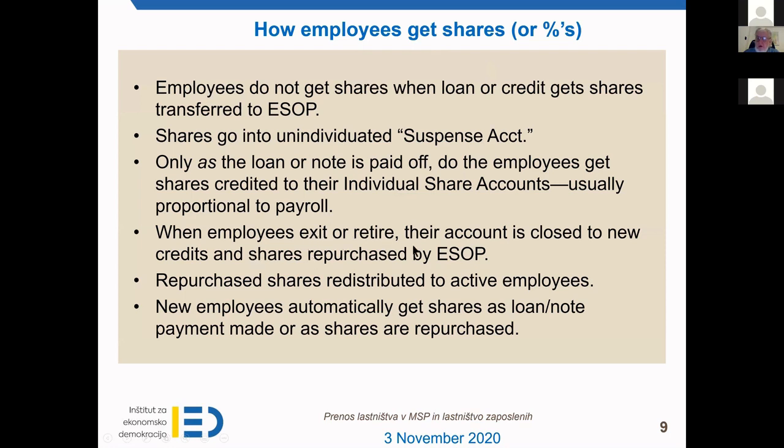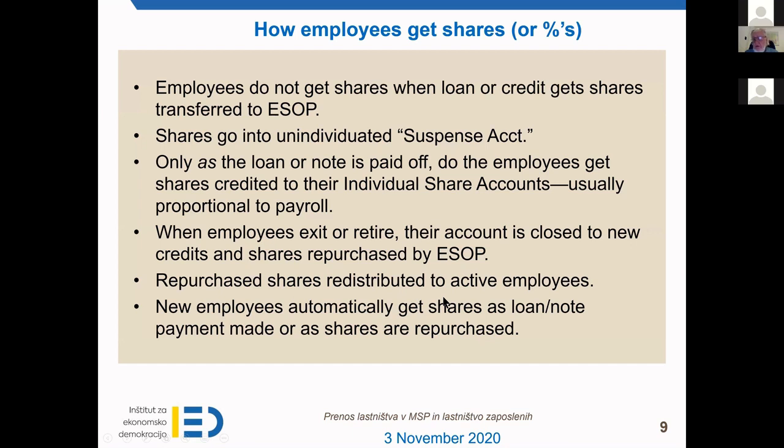In the American ESOP, when employees leave or retire, their account is closed and the shares are repurchased. That's one of the things we propose to change: don't require workers to exit or retire to get their money. They can start getting the money as soon as the initial note is paid off. But in either case, the repurchased shares are redistributed to the active employees.